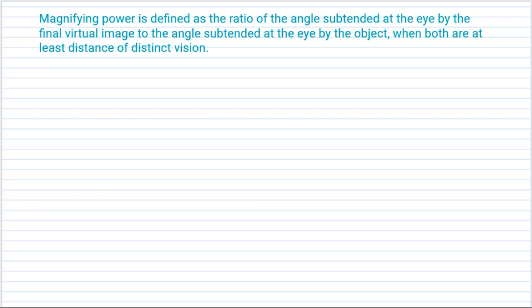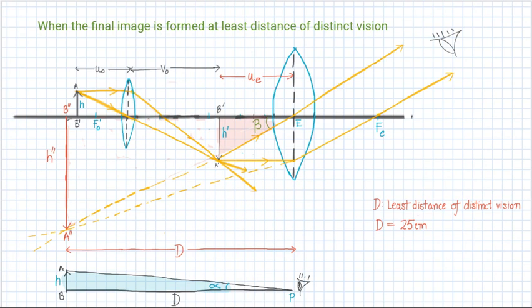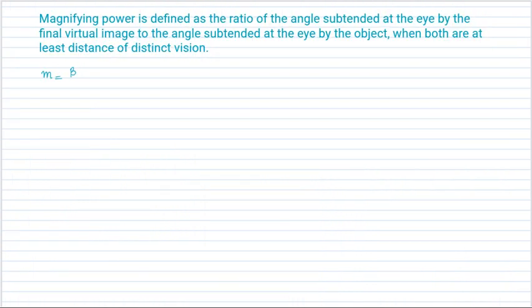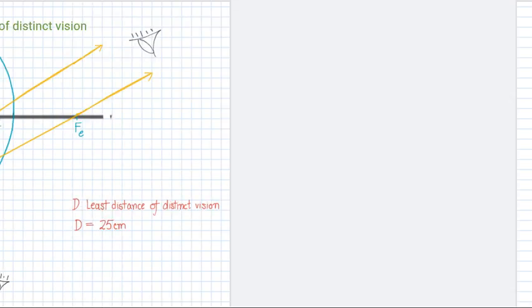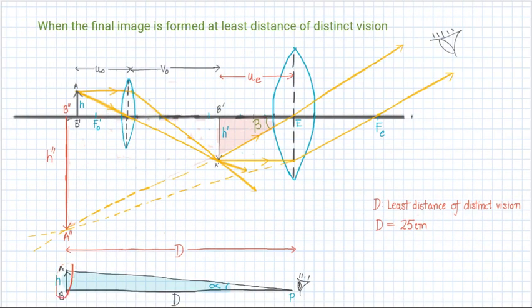Here, the magnifying power can be written as the ratio of the angle subtended by your final virtual image. Going back to the figure, this final virtual image makes an angle beta. So it is beta upon the angle subtended by the object. This is your object AB, and it makes an angle alpha.